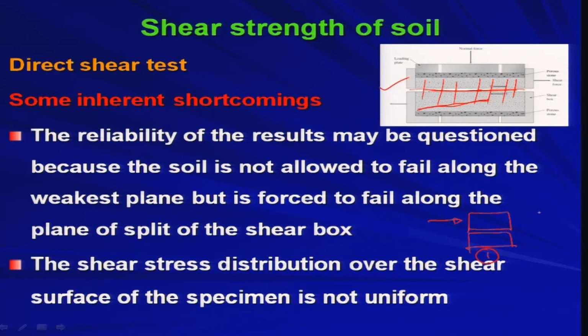Now, in configuration 2, you are getting some relative movement of the two halves of the direct shear box, when the test is progressing.